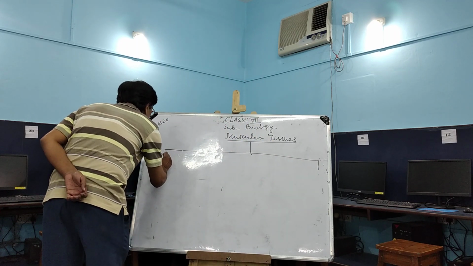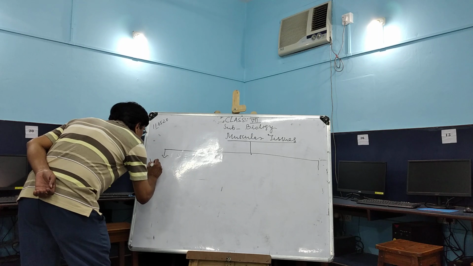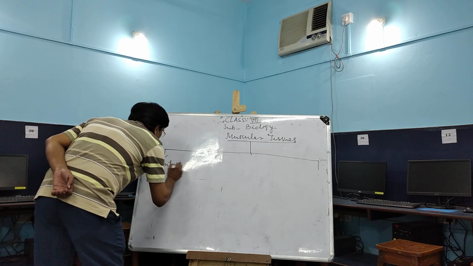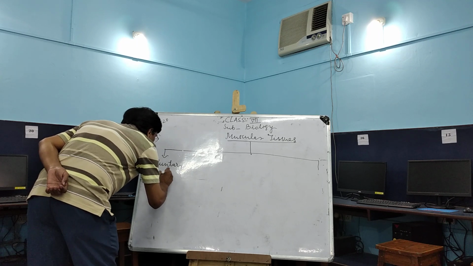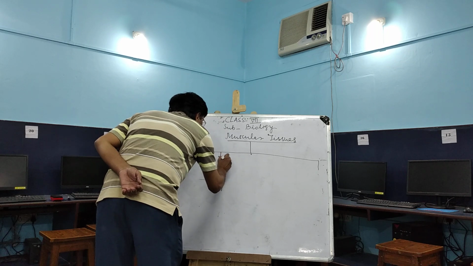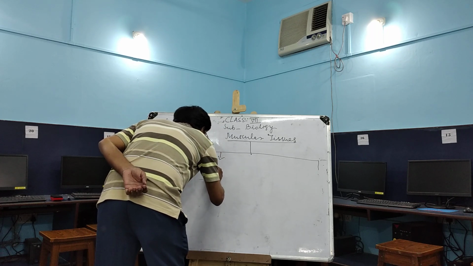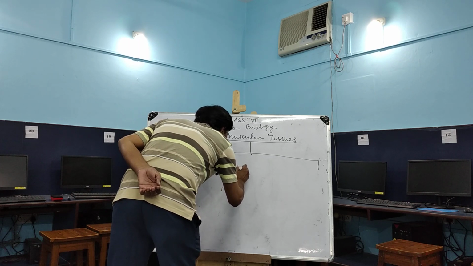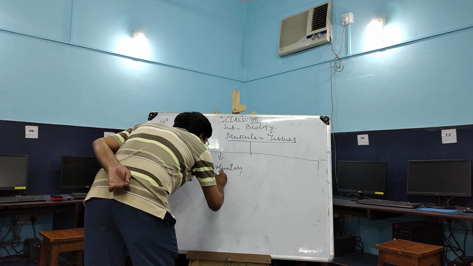The first one is voluntary muscles. The second one is involuntary muscles.